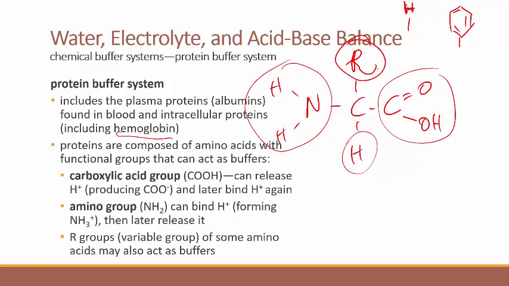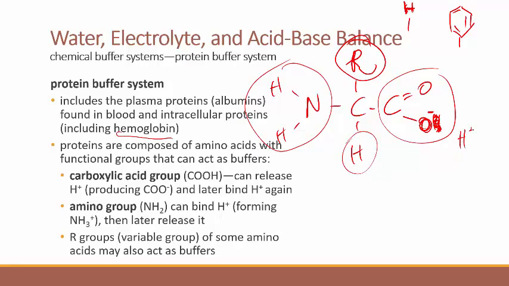But the carboxylic acid group has the capacity of dropping off this hydrogen here, leaving a negative O in its back there, and an H+. So this hydrogen ion can run around then and buffer any alkalinity that might occur.